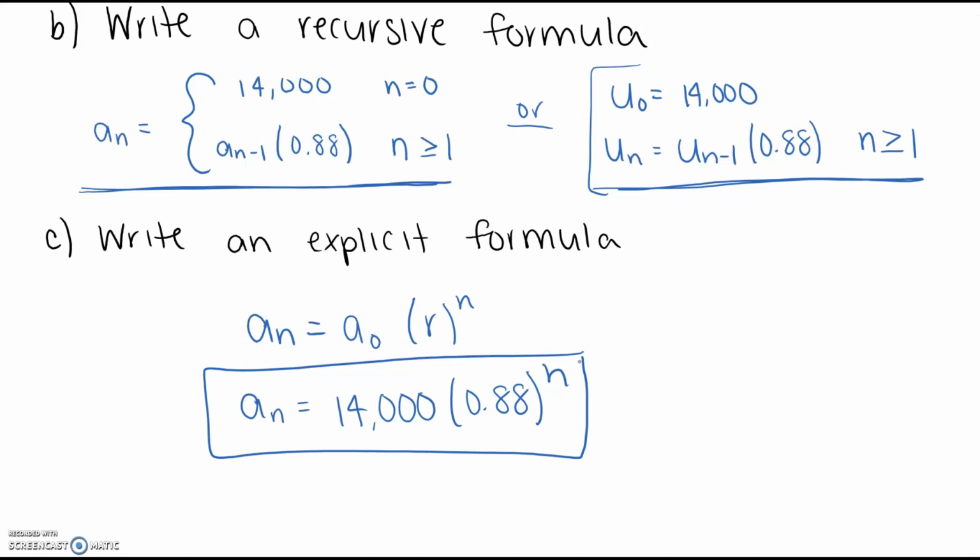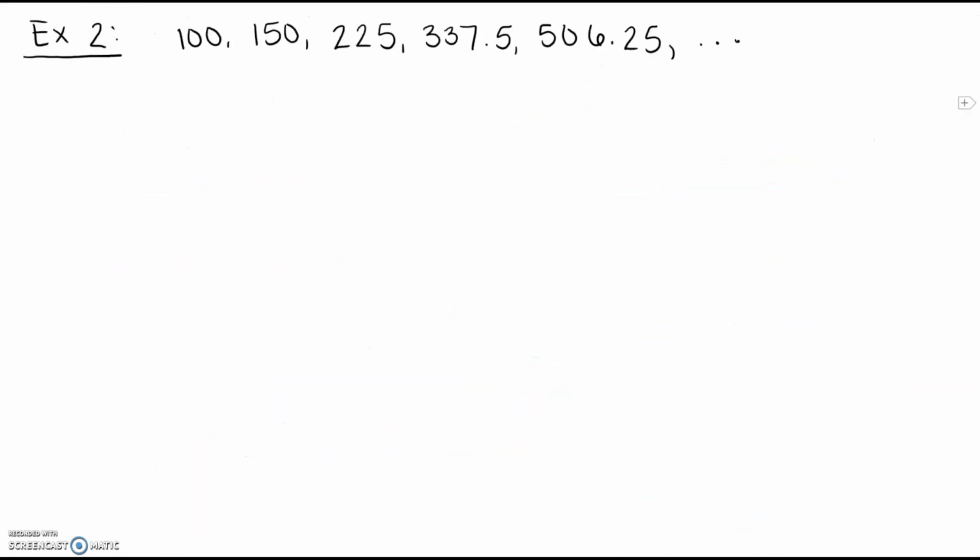All right, another example I could give you. Example 2, given the sequence 100, 150, 225, 337.5, 506.25. Part A, determine the common ratio.